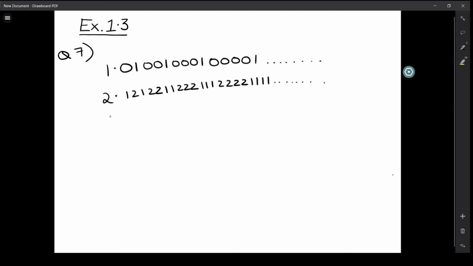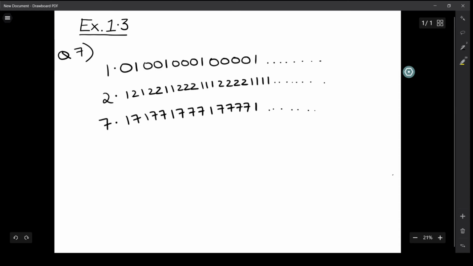Another third example could be, let's say, 7.1717717771..., and so on. Right?